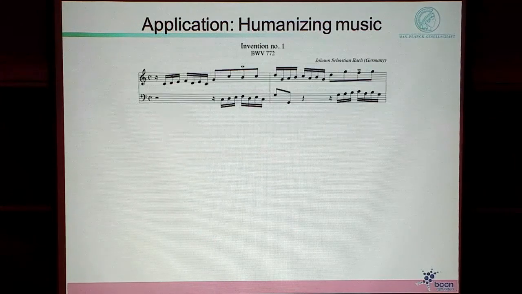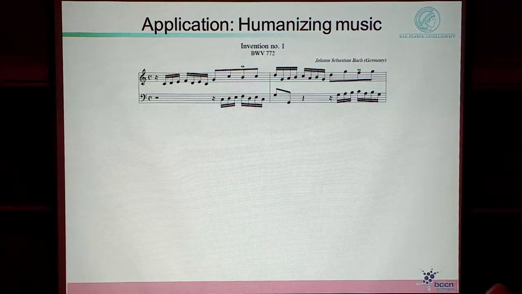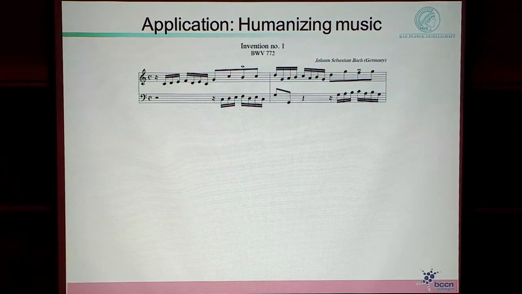And I'd like to give you an example of how this sounds. Our idea is not to humanize Bach's inventions, but these inventions by Johann Sebastian Bach have 2 parts, so it's relatively easy to hear the differences, which you would not if I played a pop song to you.